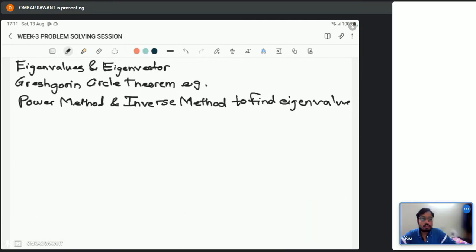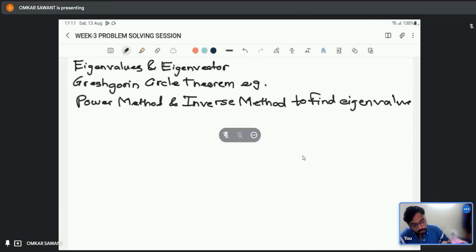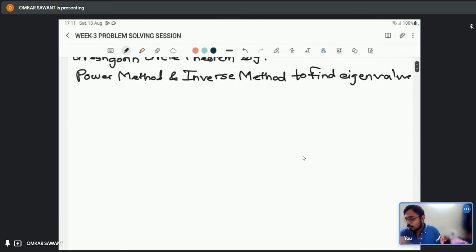Okay, then we will start. So, first question. You are aware of eigenvalues and eigenvectors, right? So before starting, for finding eigenvalues we need the characteristic equation.